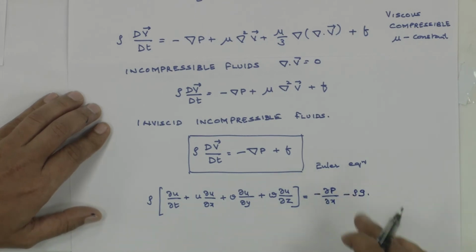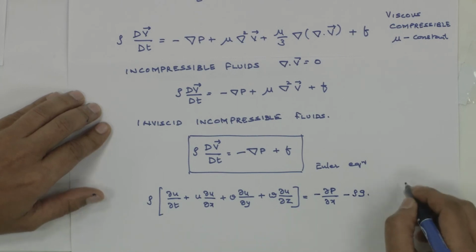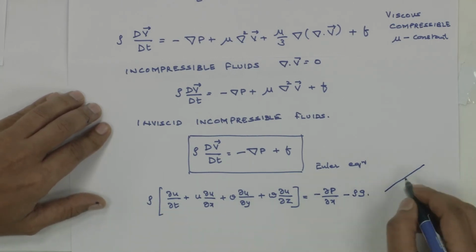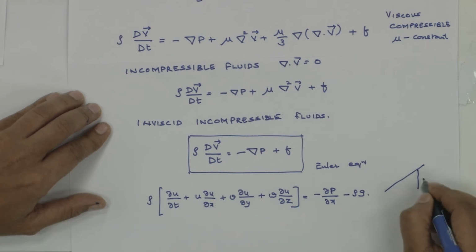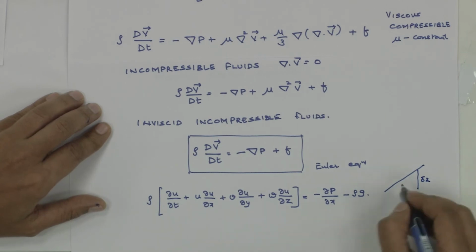I have taken the body force as acting downwards. So you have a streamline in this, this is my streamline and this is my delta z. Let us say this is sin theta.